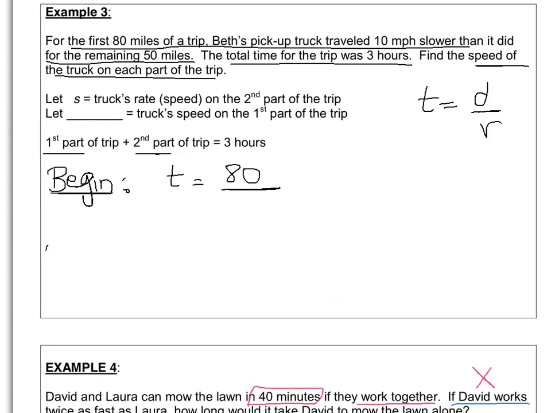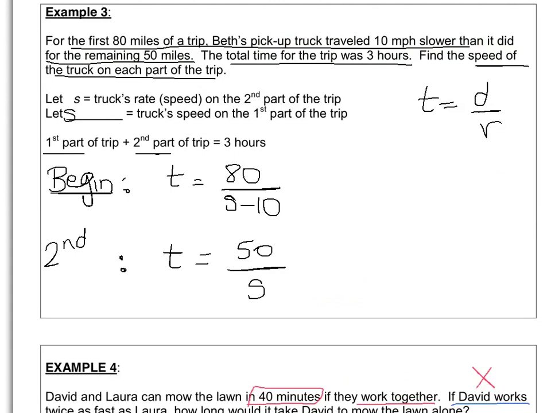For the second part of the trip, time equals distance, so 50 miles, over the speed. Now, at the beginning, or at the first 80 miles, he's going 10 miles slower than the second part of the trip. So if he's going at a speed of s in the second part of the trip, then remember he was driving slower, so it's going to be s minus 10 for the first.